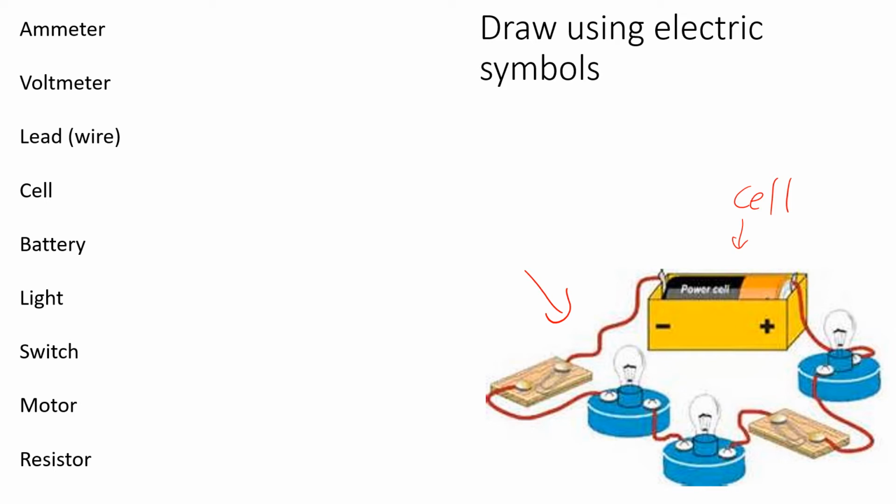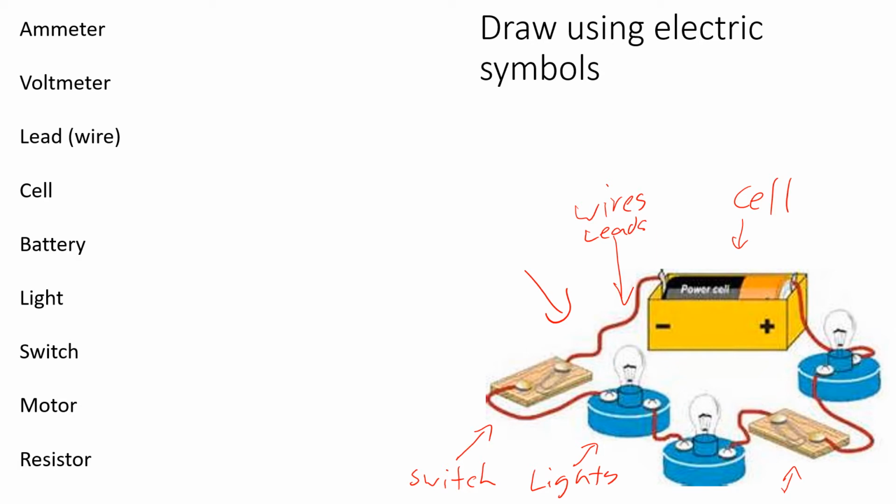These are light bulbs, of course, so here's some lights. And then this is a switch to turn on the lights. We have another switch right here. So we have 3 lights, 1 battery, and 2 switches. And then we have a bunch of these wires. Sometimes we call these leads.